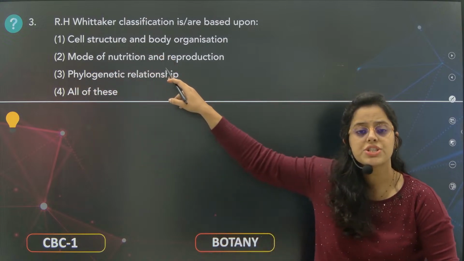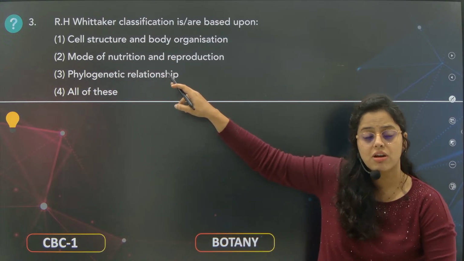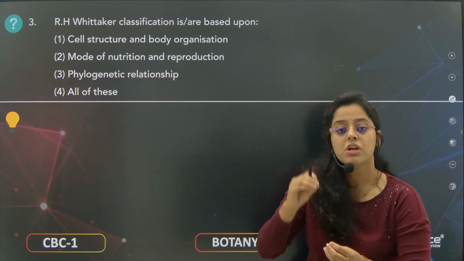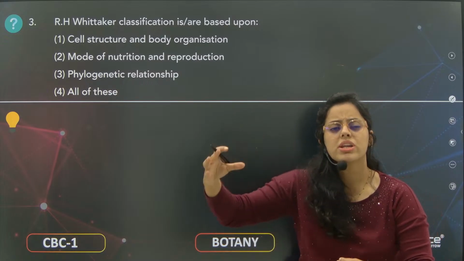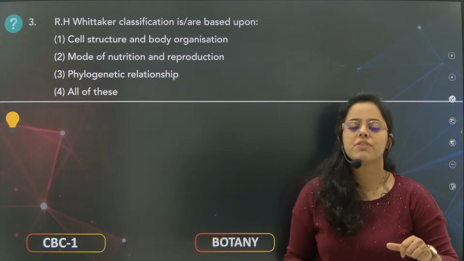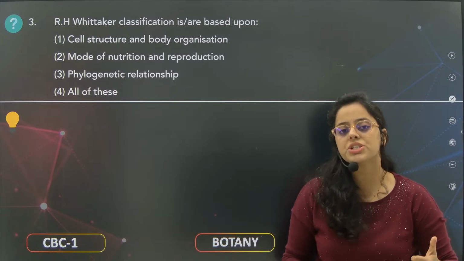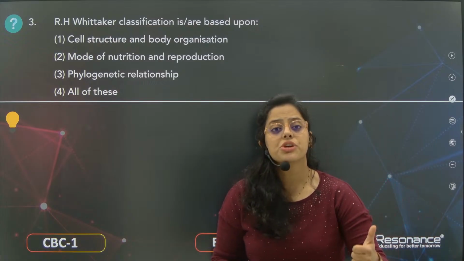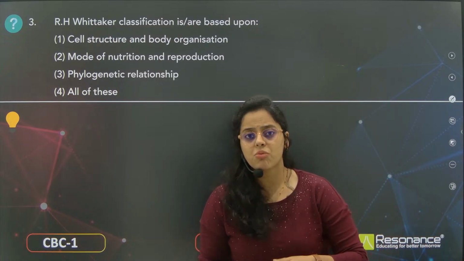Body organization, whether it is a unicellular organism or multicellular organism. The multicellular organism consists of cells, tissues, organs, organ systems, right? Now mode of nutrition, whether it's autotrophic or heterotrophic. On reproduction, asexual or sexual modes of reproduction.